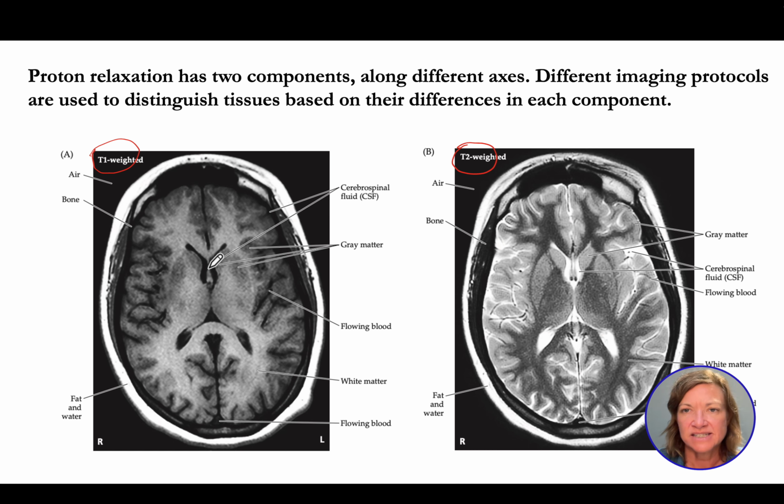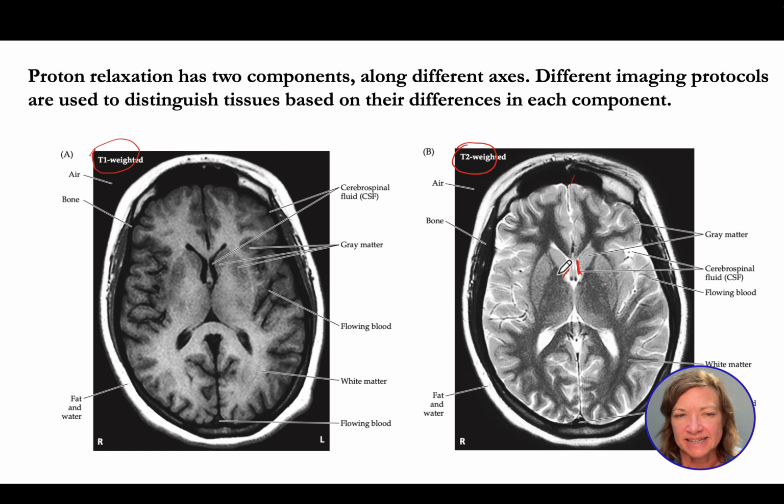In contrast, T2 images in a simplistic way are often described as the photonegative, a negative of a T1 weighted image. And in T2 weighted images, one of the most obvious things that you see right away, you know you're looking at a T2, is that the fluid in the ventricles, the CSF, is very bright. So T2 fluid is bright, T1 fluid is dark.